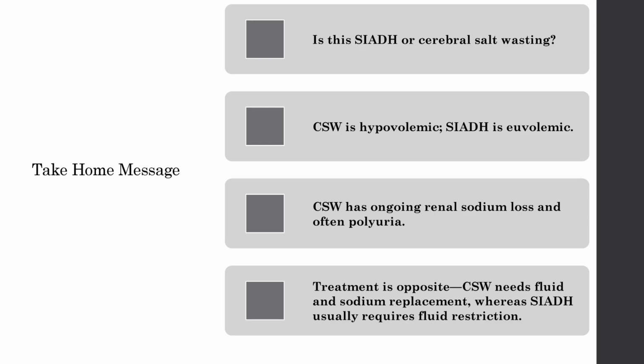CSW has ongoing renal sodium loss and often polyuria. Treatment is opposite. CSW needs fluid and sodium replacement, whereas SIADH usually requires fluid restriction. Recognizing this distinction early can significantly improve neurological outcomes and prevent inappropriate therapy.